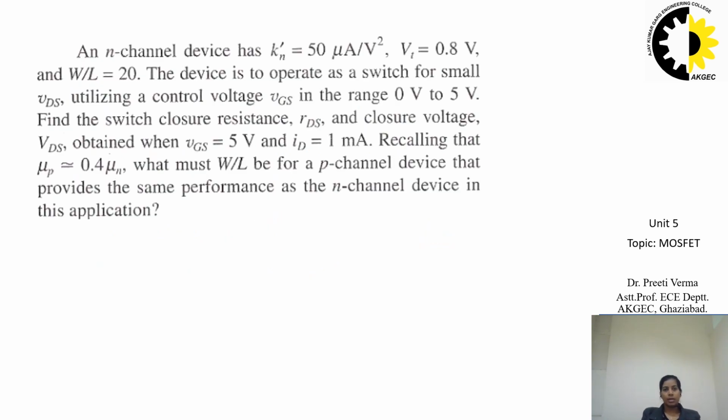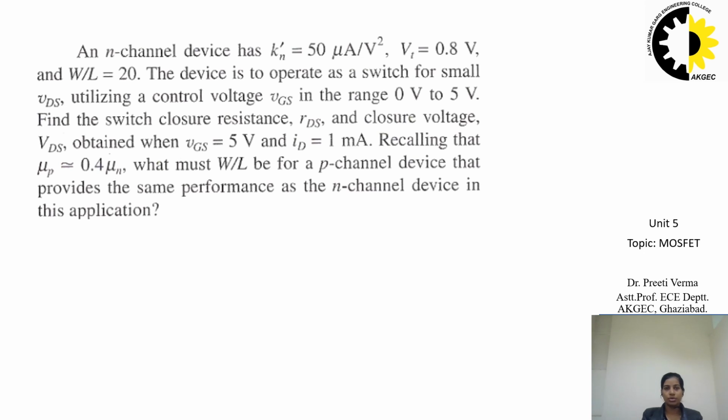This is another numerical problem. An n-channel device has Kn dash equal to 50 microamperes per volt square, Vt equal to 0.8 volts, and W by L is given as 20. The device is to operate as a switch for a small VDS, utilizing a control voltage VGS in the range 0 volts to 5 volts.